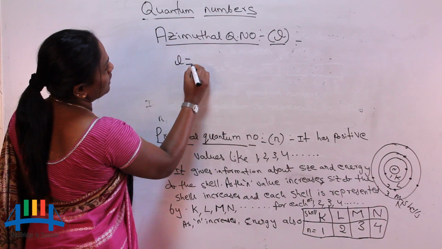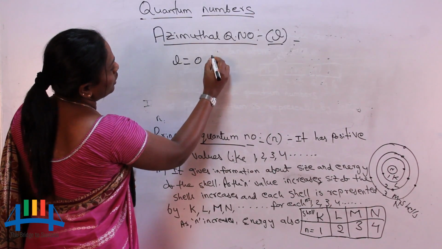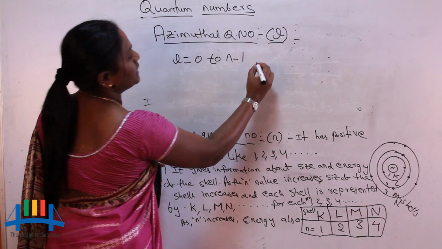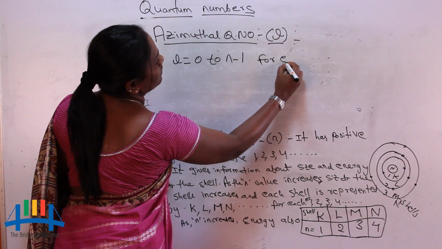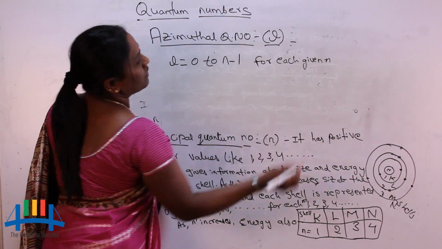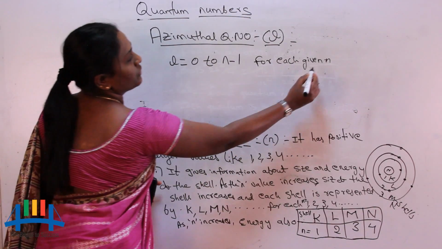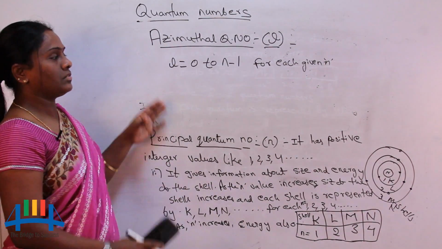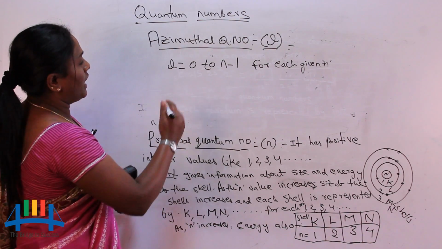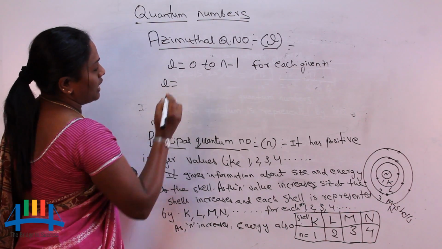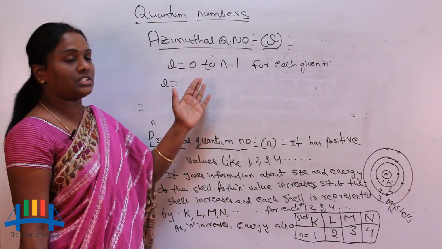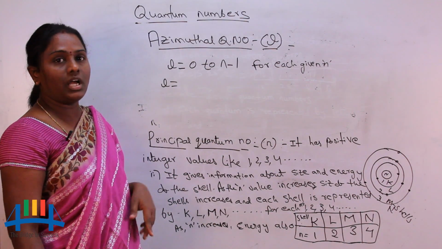Here l is equal to 0 to n minus 1 for each given n value. Each l value represents a subshell and the shape of the subshell in the space around the nucleus.